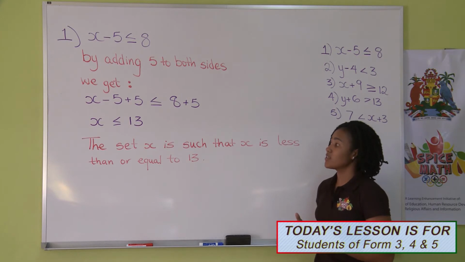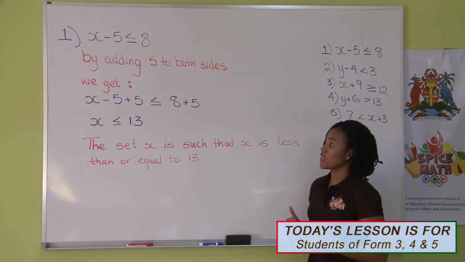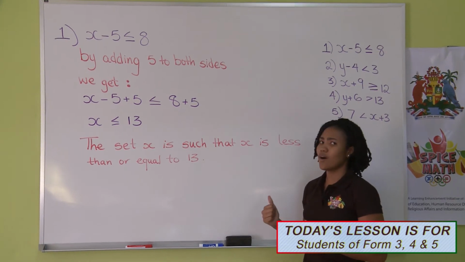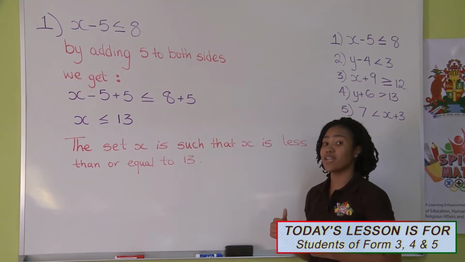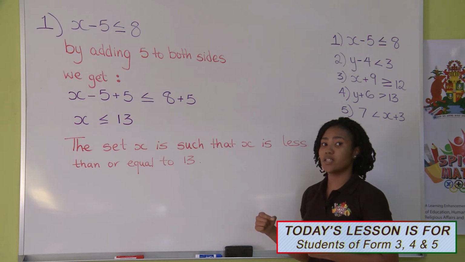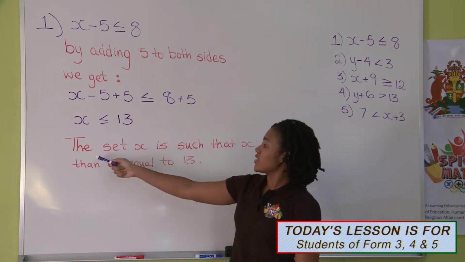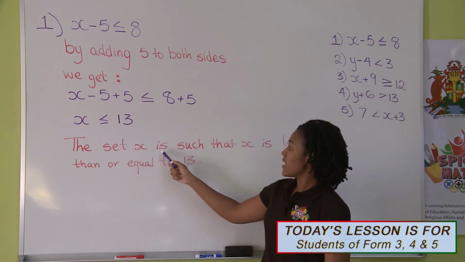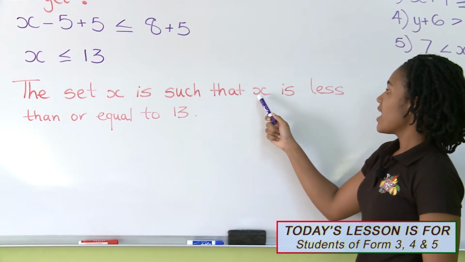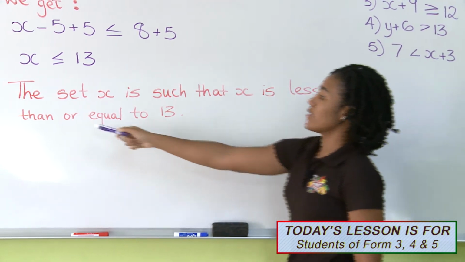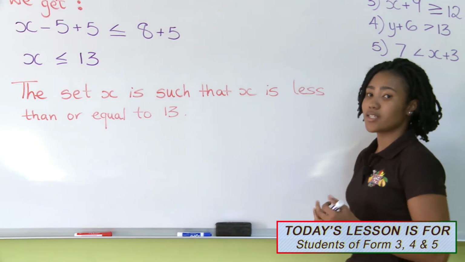When we simplify this, we get x is less than or equal to 13. However, that's not how we represent our answer for this linear inequation. We have the set x is such that x is less than or equal to 13.